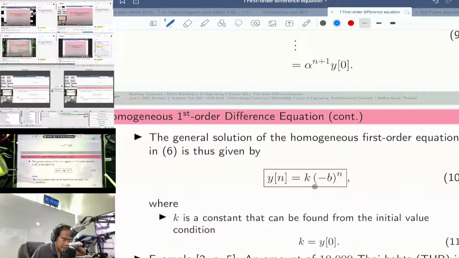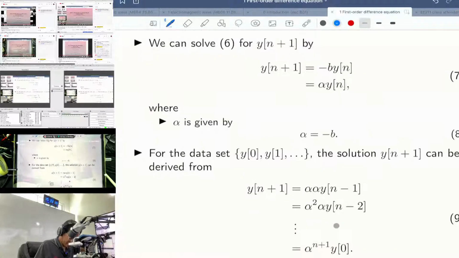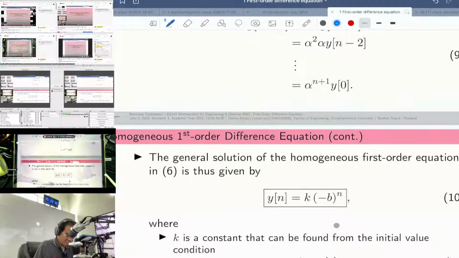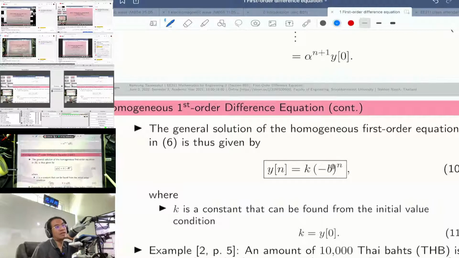And yeah, that's k. K is the case when you let n be 0. So k is y0. Please memorize this formula in the square box.